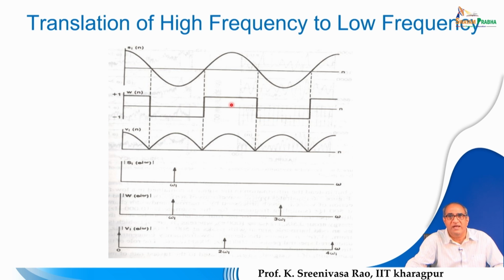If you apply a nonlinearity on that signal, that particular frequency content will be shifted towards the lower side. Now if you apply a low pass filter on this, only this particular frequency content will be preserved, and all the other frequency content will be removed.